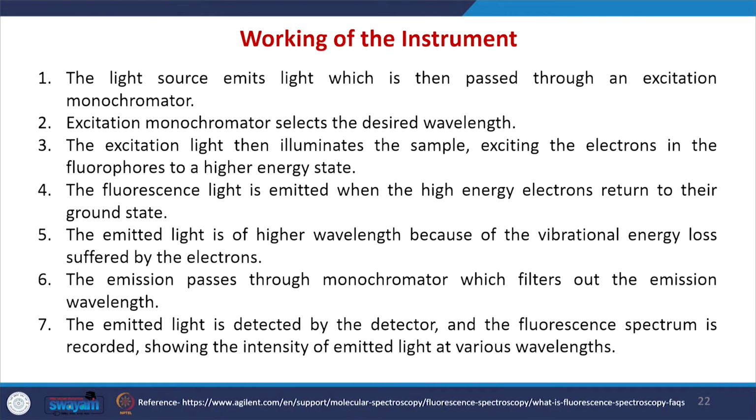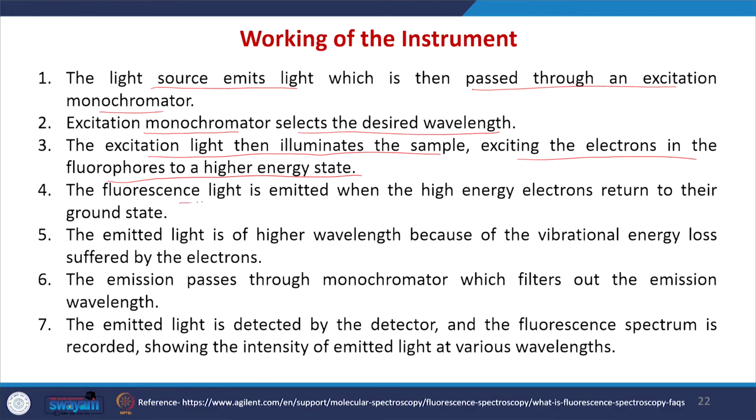Let us see the working of the instrument in detail. The light source emits light which is then passed through an excitation monochromator. The excitation monochromator selects the desired wavelength. The excitation light then illuminates the sample, exciting the electrons in the fluorophores to a higher energy state, as I explained in the principle of fluorescence.